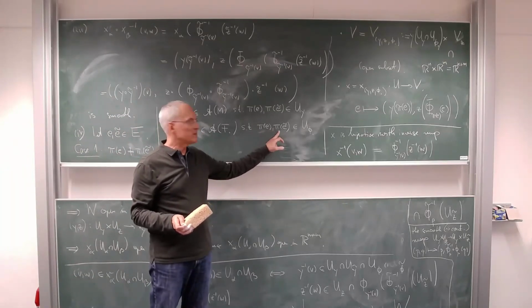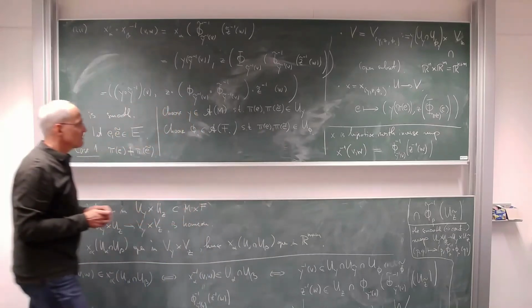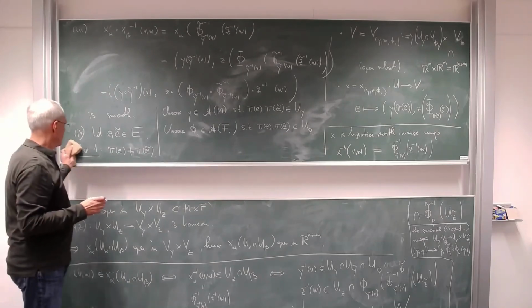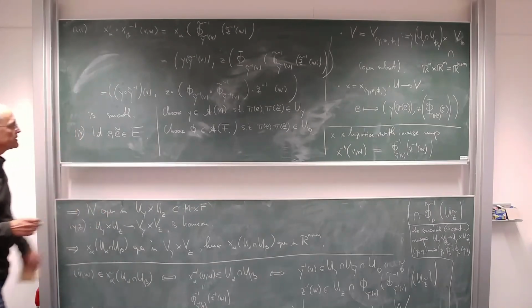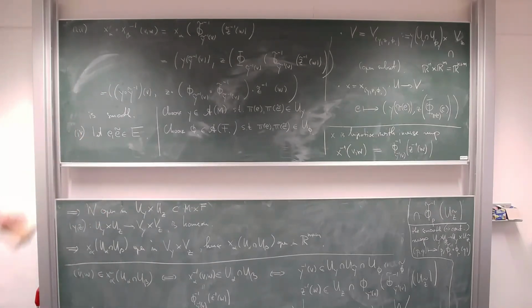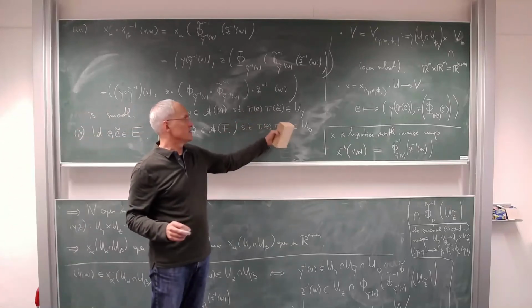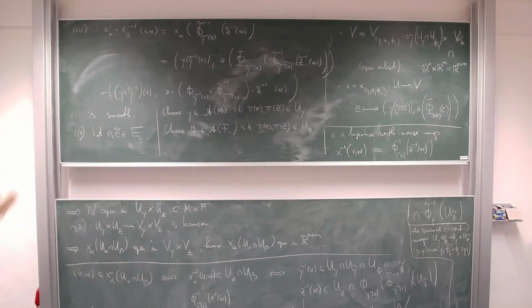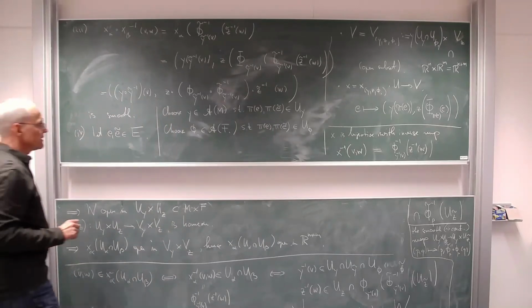They both map them to points in the model fiber, and those could be equal or unequal. But actually, maybe I don't need this assumption at this point, because I could do this no matter whether these are different or not, right? I mean, if they're equal, then I can do this in any case, then there's nothing to be worried about. I haven't used this condition yet.